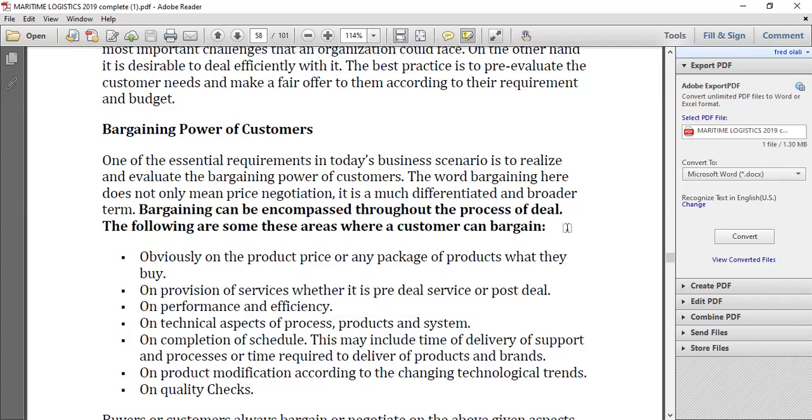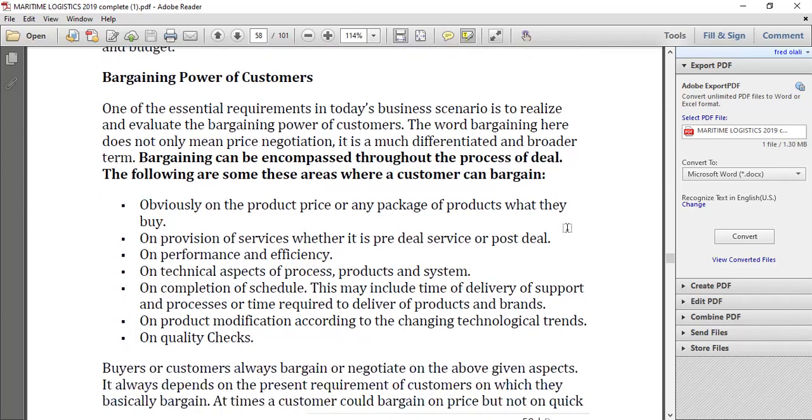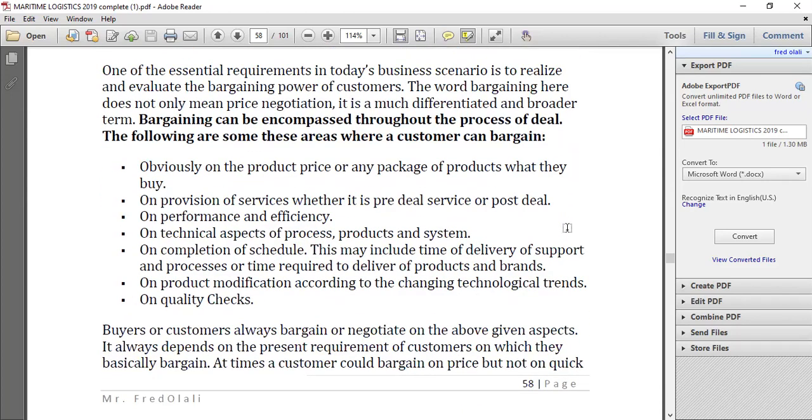So bargaining can be encompassed throughout the process of a deal. The following are some of the areas where customers can bargain. One, the obvious one, the product price, or any package of the product they buy. They can bargain to bring the price down, or they can bargain on the packaging.